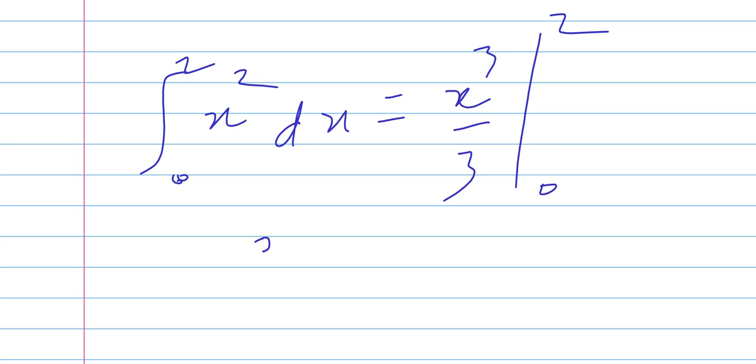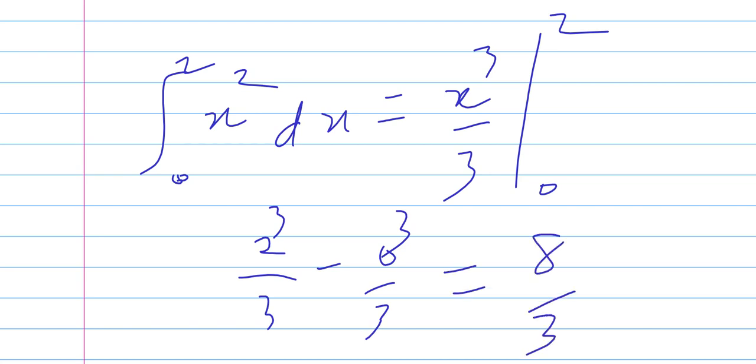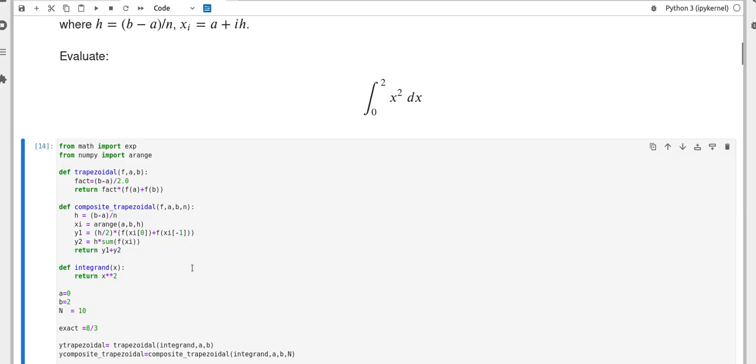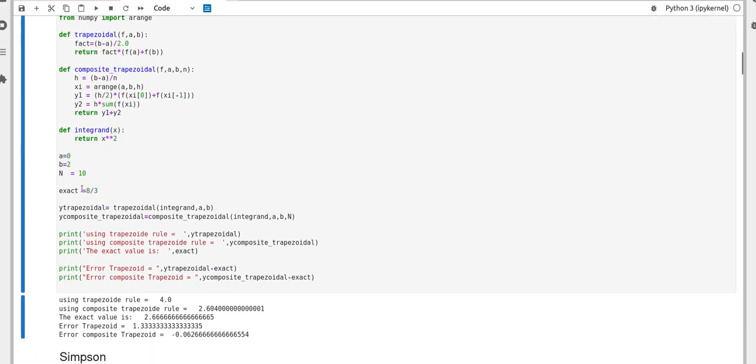So you put 2 raised to power 3 over 3 minus 0 raised to power 3 over 3. 2 raised to power 3 is 8, so that will be 8 over 3. 0 raised to power 3 is 0. So the answer is 8 divided by 3. So that is the exact answer.